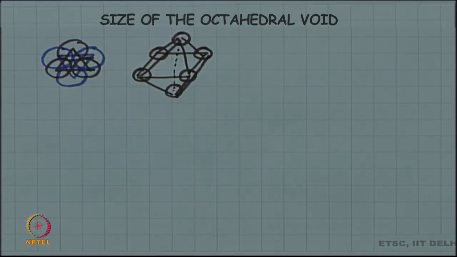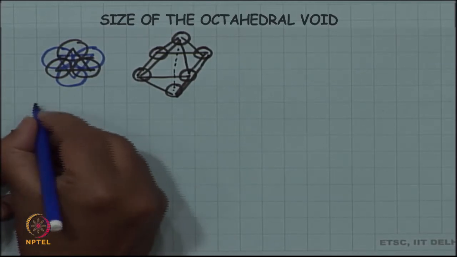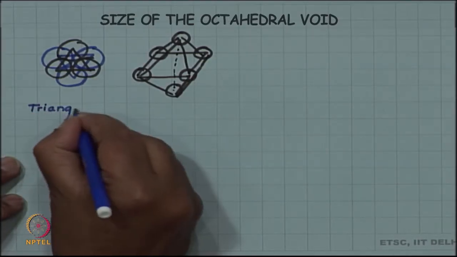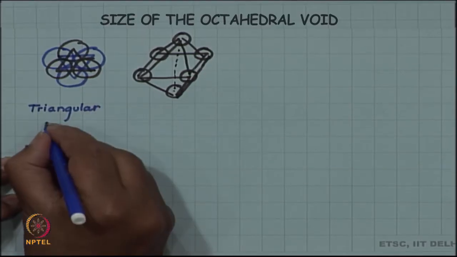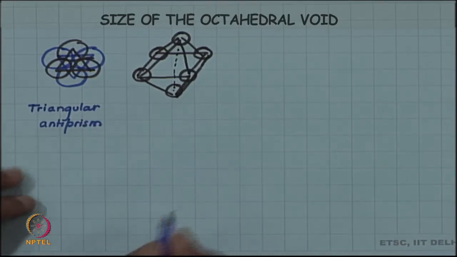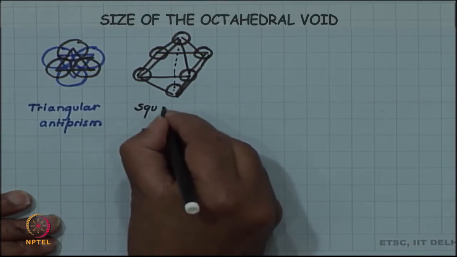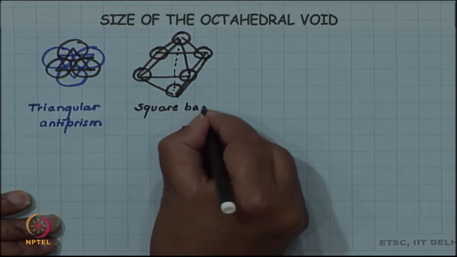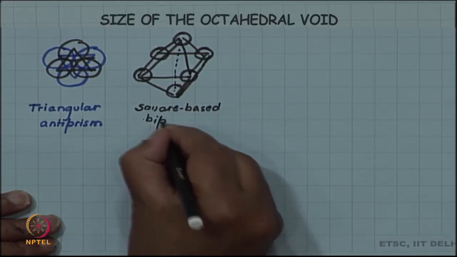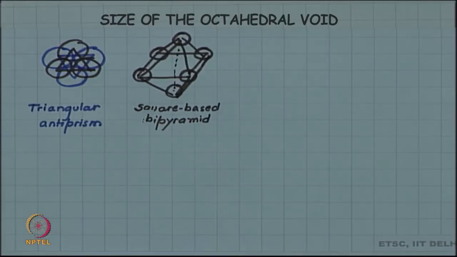this becomes a square based dipyramid. These are the two phrases which I had used in the slide. Either you can consider it as a triangular antiprism, or you can consider it as a square based dipyramid, because there is a pyramid on top and there is a pyramid at the bottom.